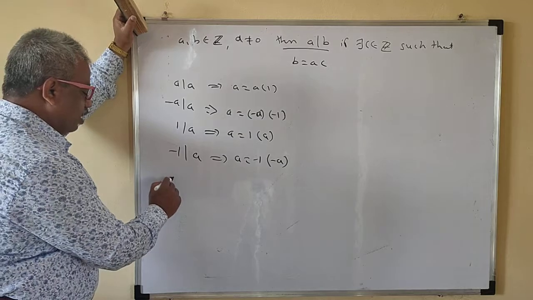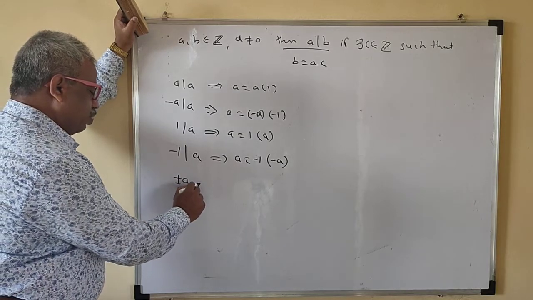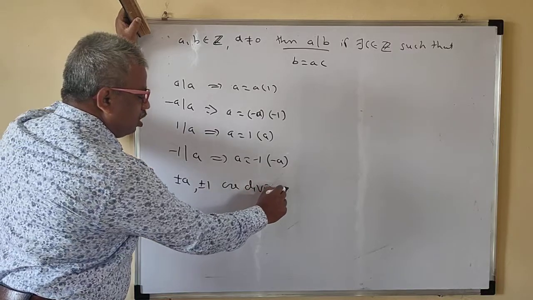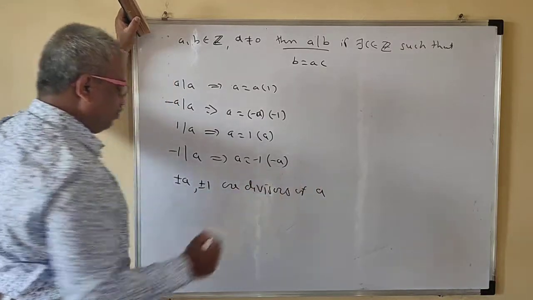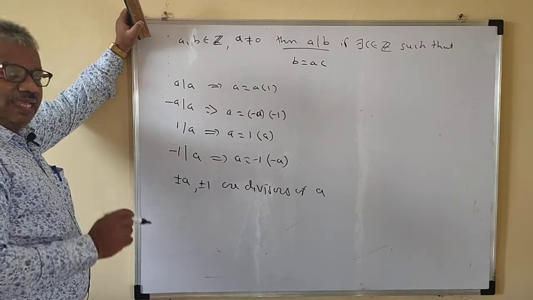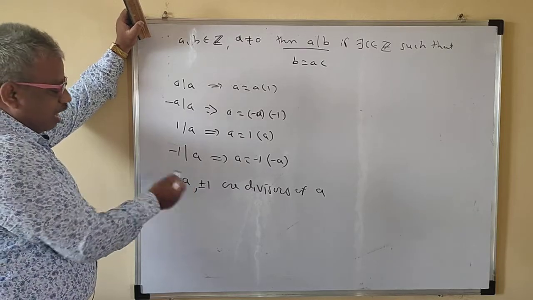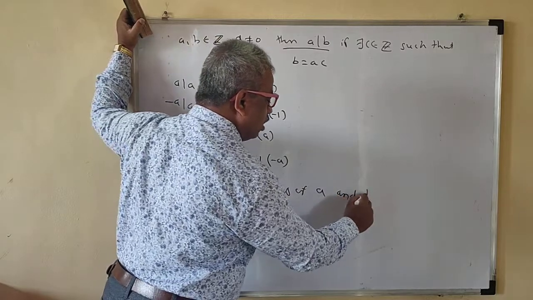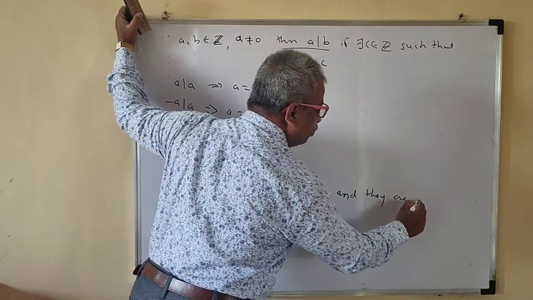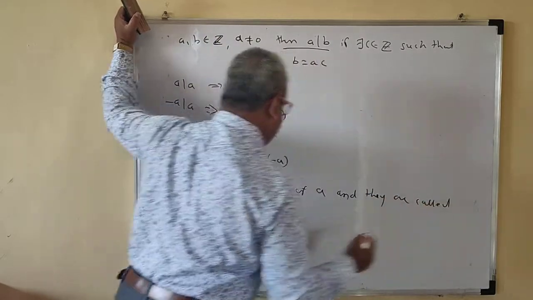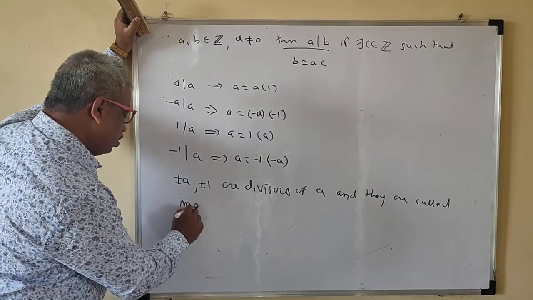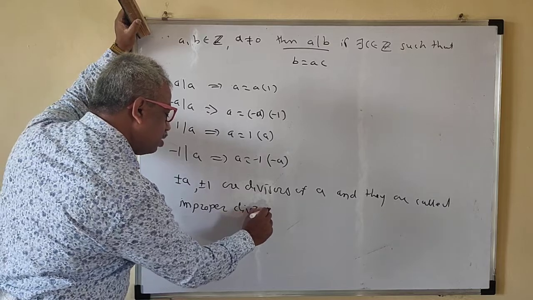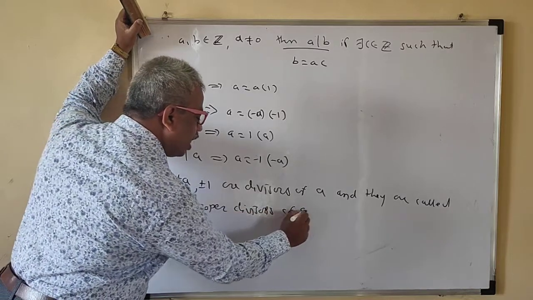So that means plus or minus a and plus or minus 1 are divisors of a. So for any a, plus or minus a and plus or minus 1 are called improper divisors of a.